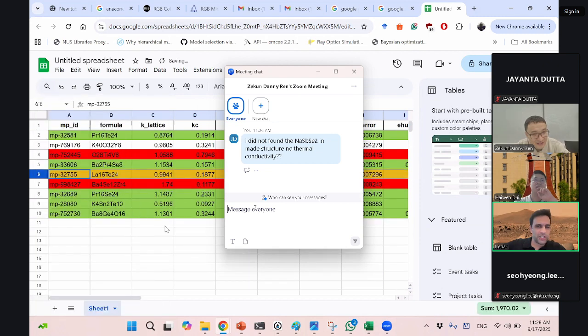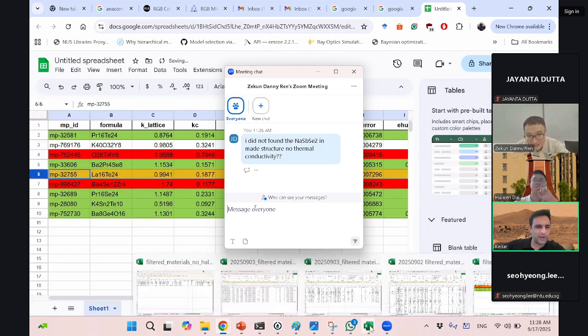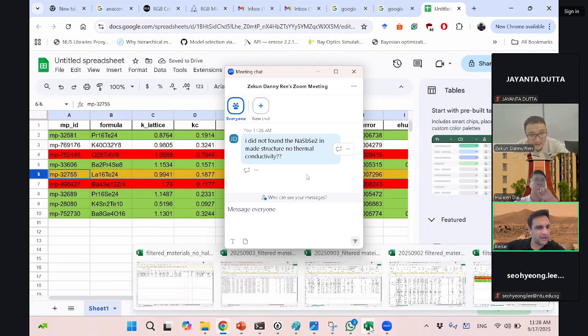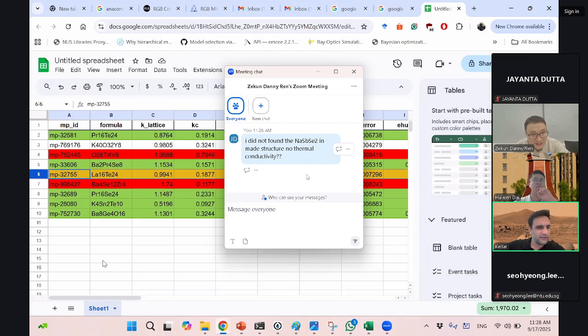So the question from Jayanta is what happened to the sodium antimony selenide? I think Danny, sodium did some chemical filtrations which filtered a bit of things out, because we filtered out sodium since one of the feedback we got is that it's hard to synthesize sodium. Oh, I think we can put it back. Potassium and sodium are similar.